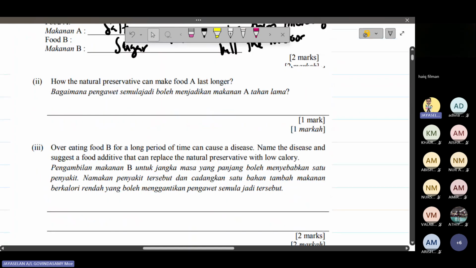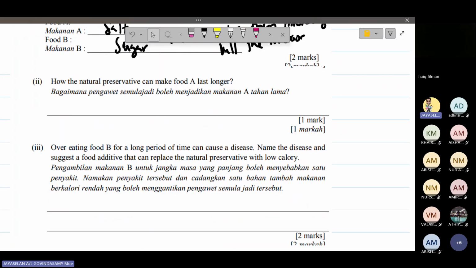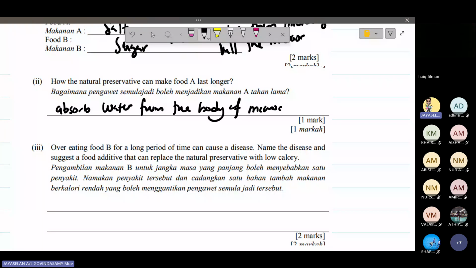How does this natural preservative make the food last longer? They will do what? Absorb water from the body of microorganism and will kill the microorganism.